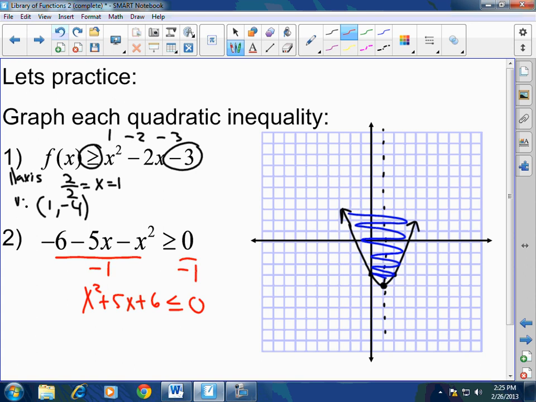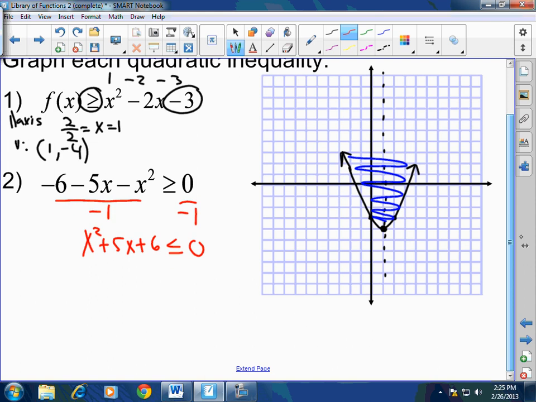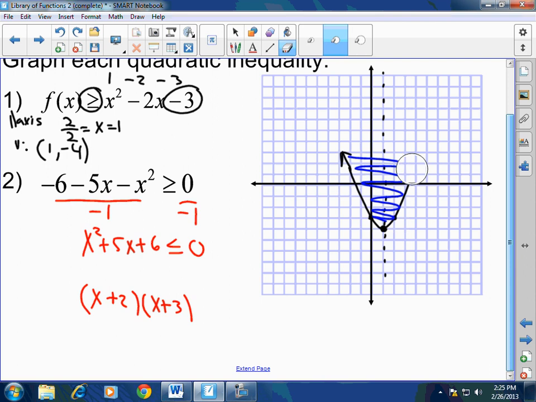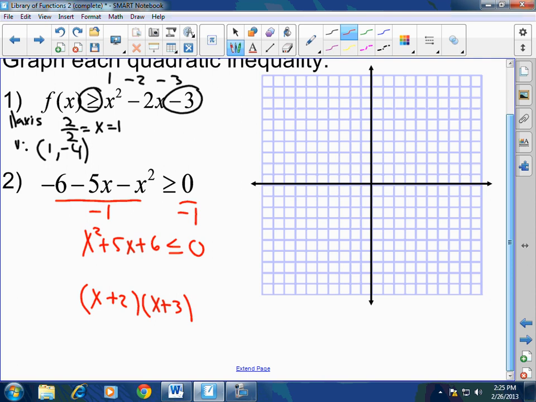Now in this case, this is going to be a little bit ugly. However, can't I factor this? So this is (x plus 2)(x plus 3), right? So we know already that my solutions are negative 2, you with me? And negative 3, right?